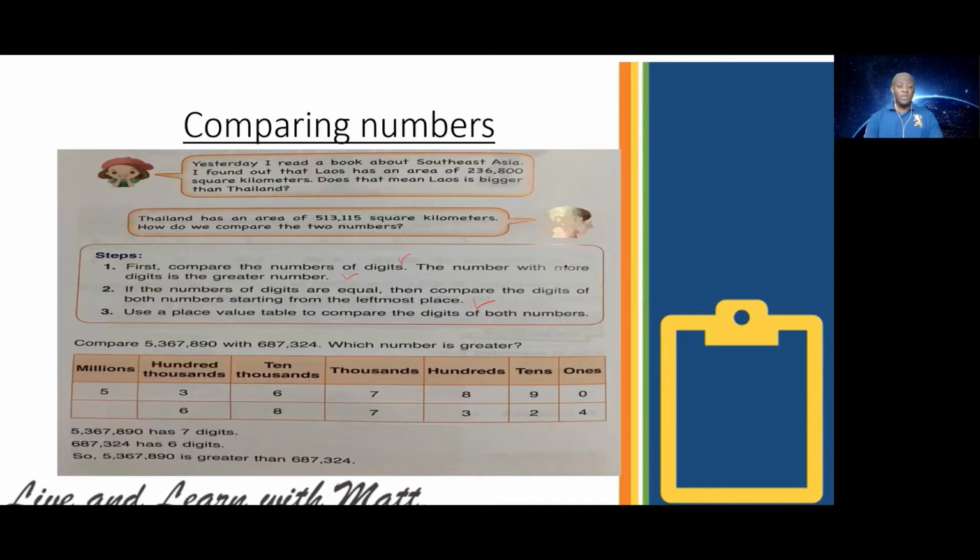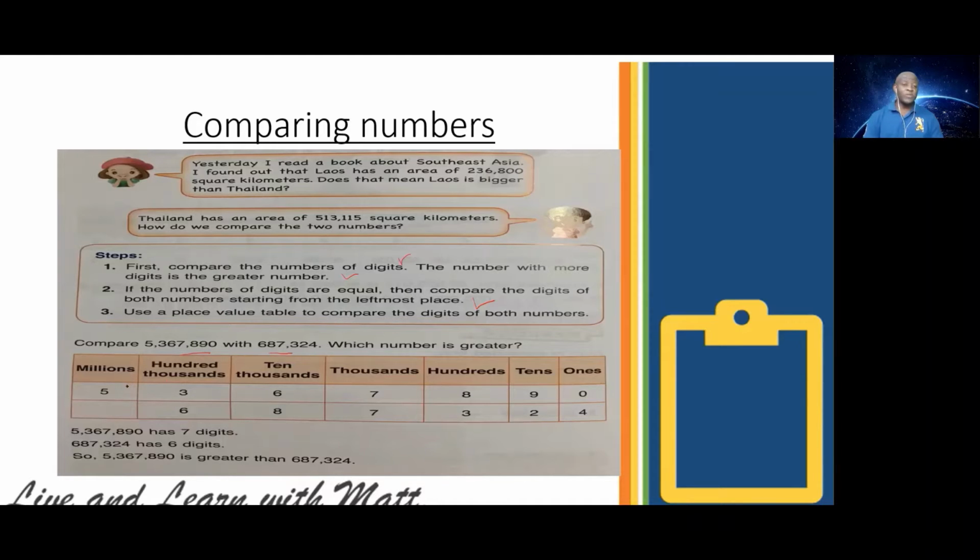Let's try some examples. Compare this number with this number. Which number is greater? Now let's make a number place value table, starting with millions, hundred thousands, 10,000s, thousands, hundreds, tens, and ones. And let's write the two numbers.